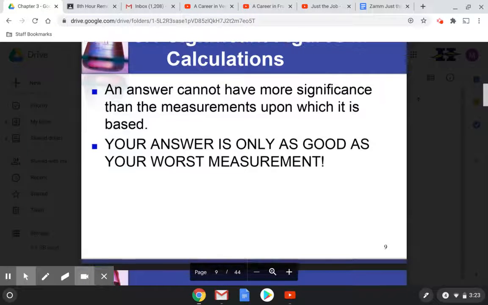So an answer cannot have more significance than the measurements upon which it is based. Your answer is only as good as your worst measurement. And what they're really saying here is that the more significant digits you have, the more accurate it's going to be, right? So for example, if I was measuring the mass of sugar, if I were to say 34 grams, well, it's 34, but there's a possibility that it could be 34.5, 30.4.